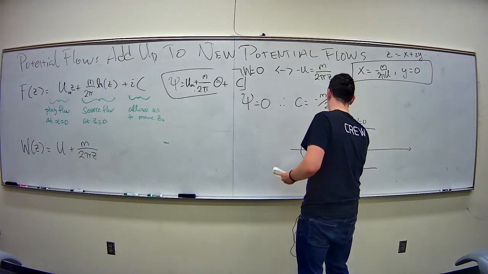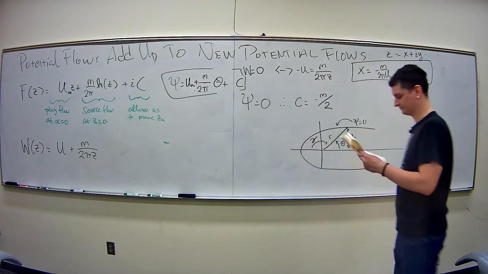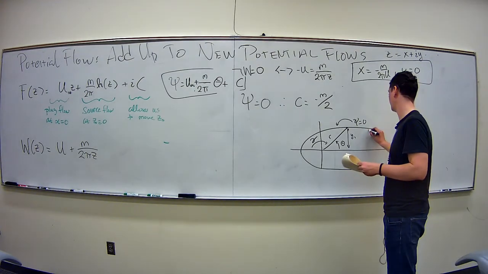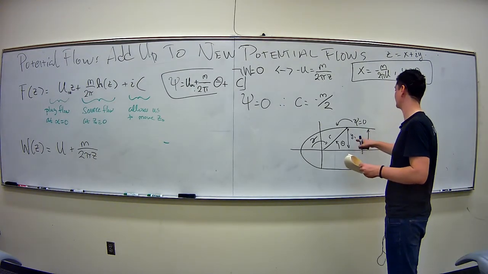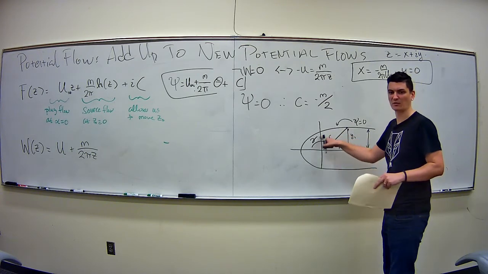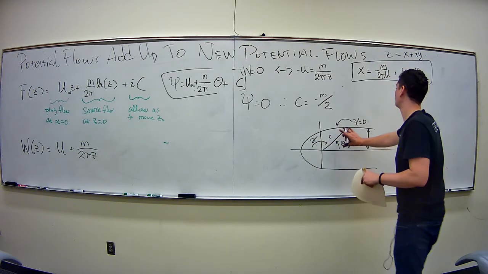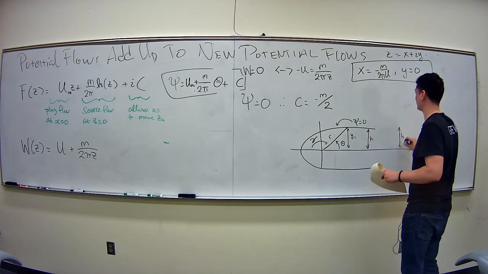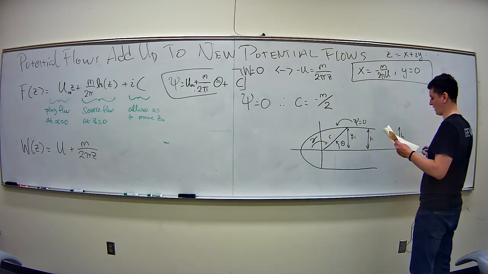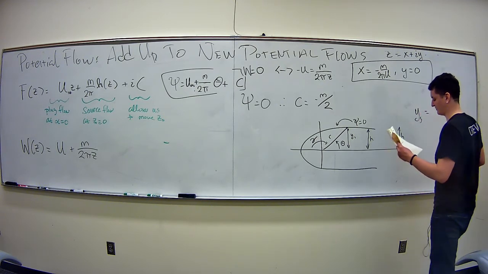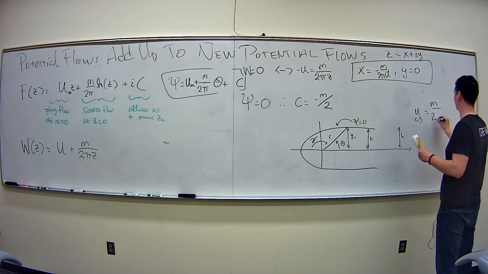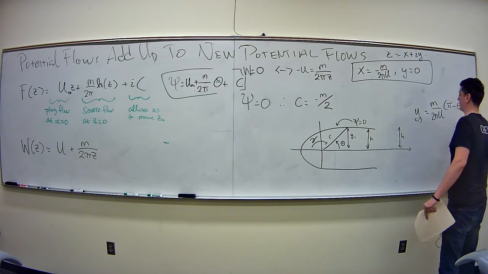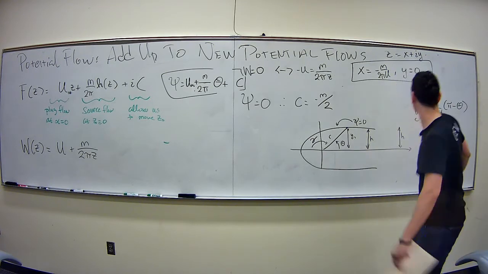Then I'll have this other angle I'll call gamma. Everything work? And now I can also define this constant h. Notice how y can get smaller and smaller as I go further and further down, but eventually it will level off to some constant value. So this is h, and this is h as well. You can figure out what that h is. If y is equal to m over 2 pi u times pi minus theta, that's this gamma term right there.